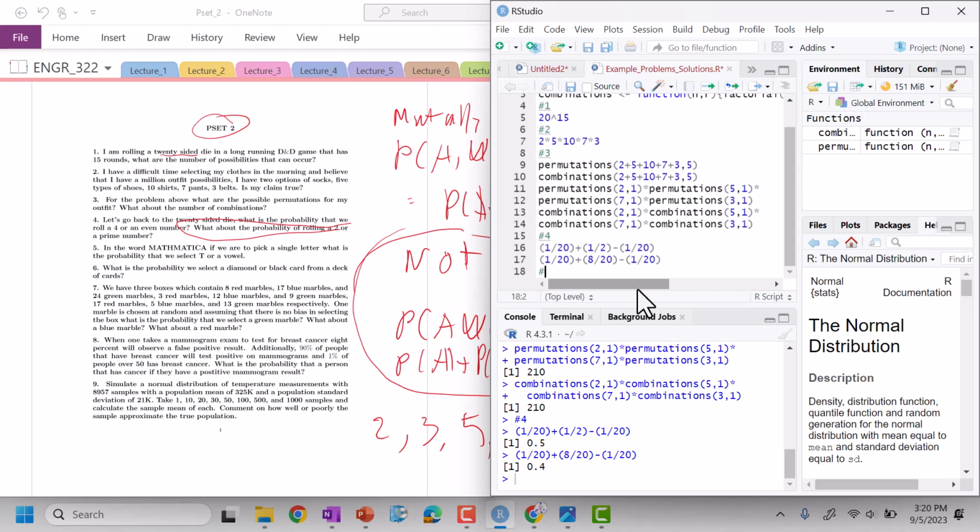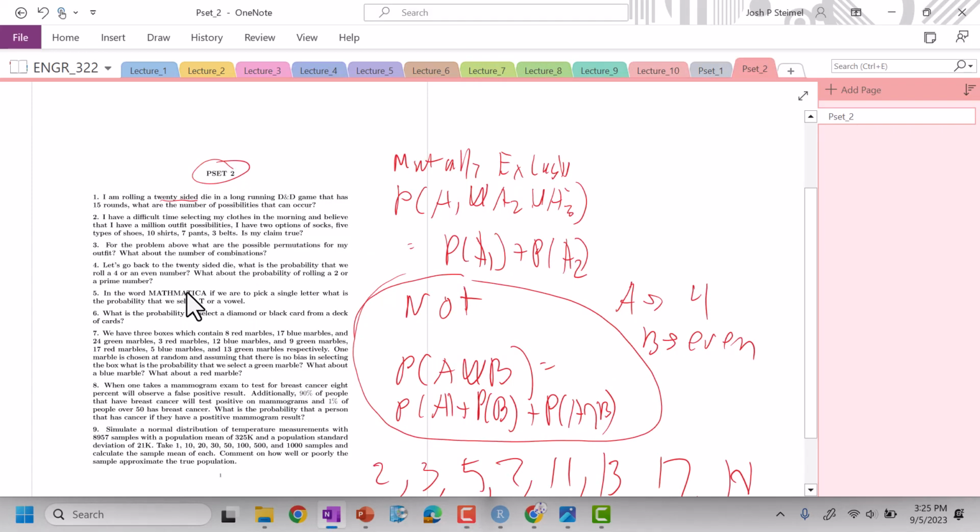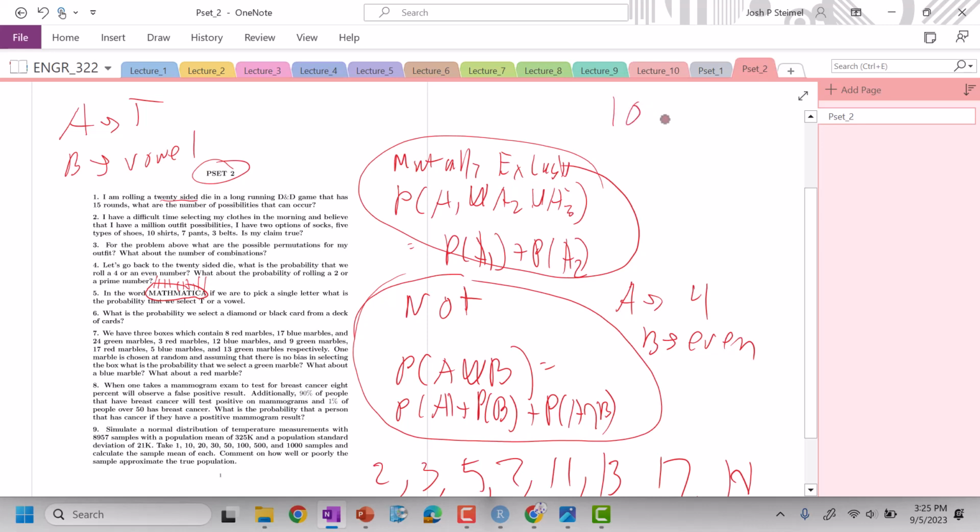So that's 4. Let's move on to number 5. In the word Mathematica, if we pick a single letter, what is the probability that we select a T or a vowel? These are mutually exclusive events. So the probability of A is that we select a T, and the probability of A2 is that we select a vowel. If we look at this, we have 1, 2, 3, 4, 5, 6, 7, 8, 9, 10. So we have 10 letters.